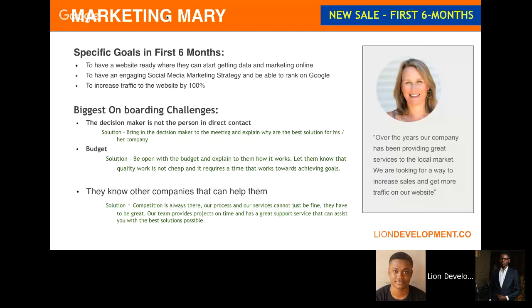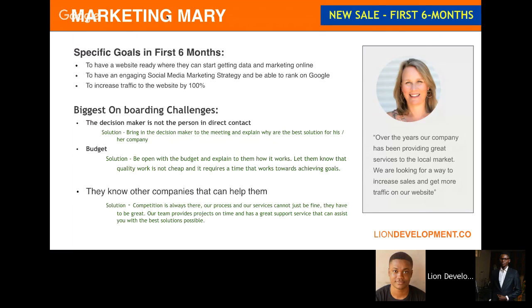So now you have to think about what the goals are going to be for the first 6 months. For this client, I'm going to have a website ready where they can start getting data and start marketing online. They're going to have to start engaging with social media marketing, improve their strategy and start to rank on Google, and then increase the website traffic by at least 100%.